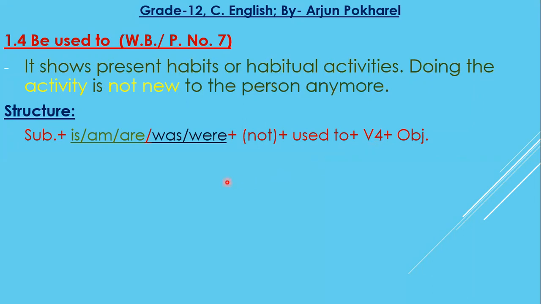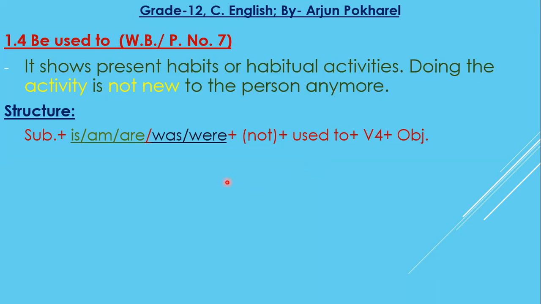In this way, let's say I am used to, or I am not used to doing this thing or that thing. In this way you have to use be used to plus V-ing structure.